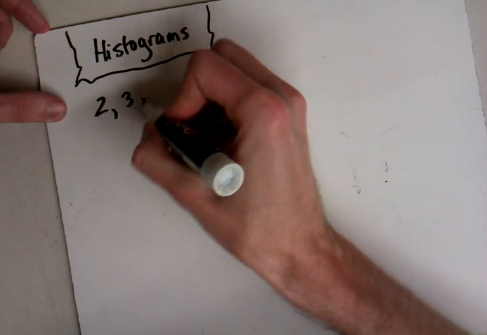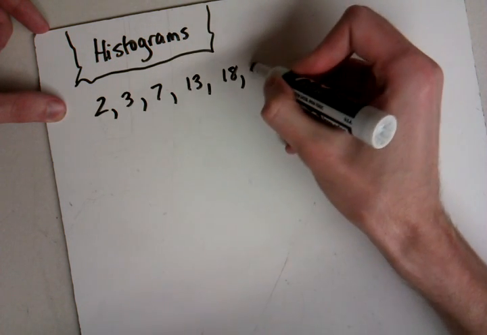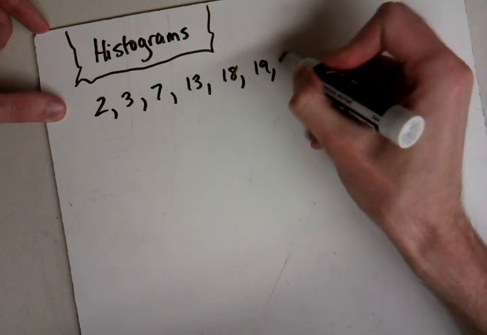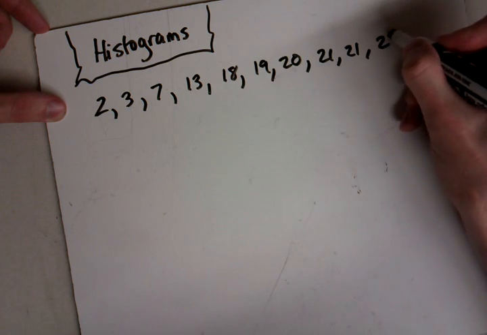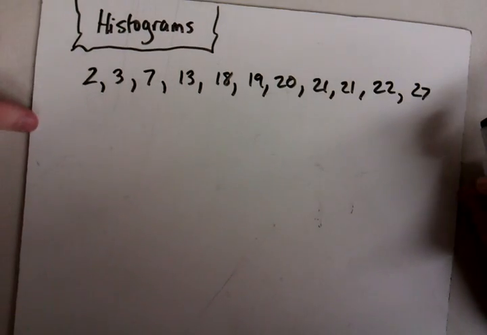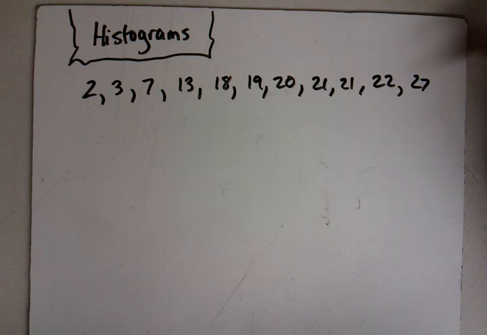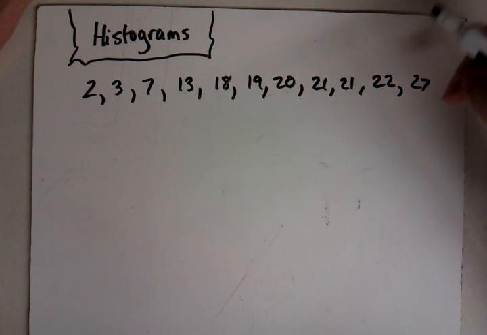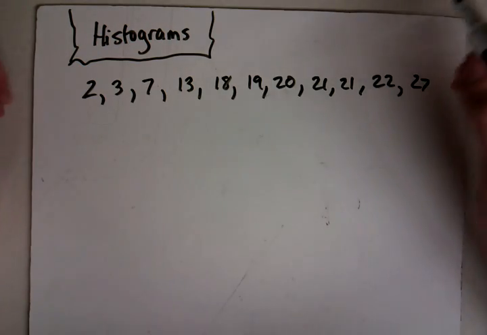2, 3, 7, 13, 18, 19, 20, 21, 21, 22, 27. So can you see all this? Okay, good. I just made these numbers up, it's not real data. We want to make a histogram for this, and we first need to decide how many classes we want.